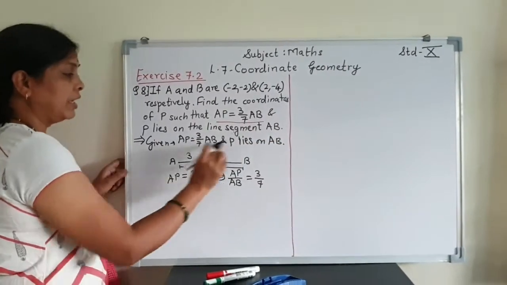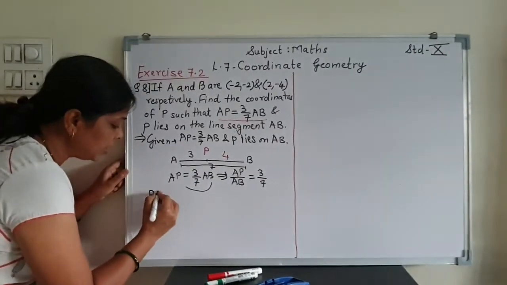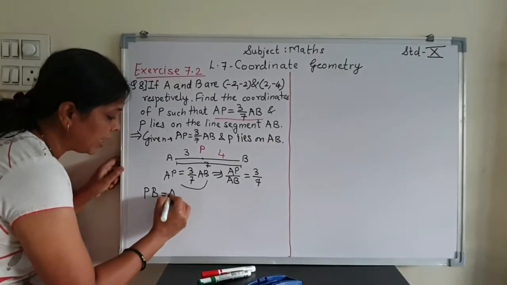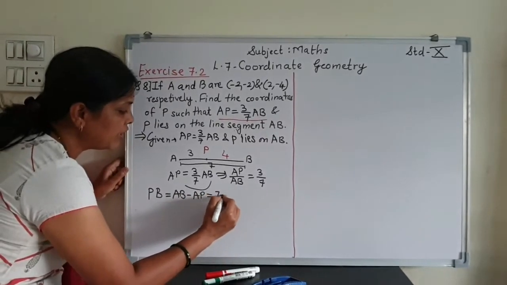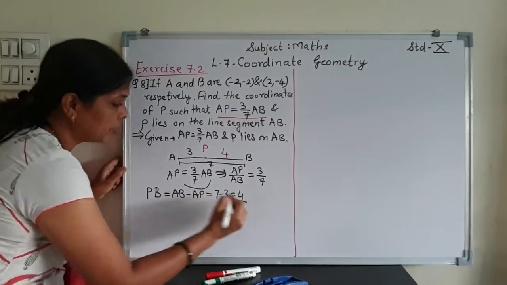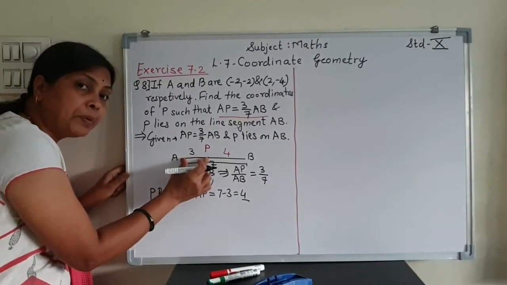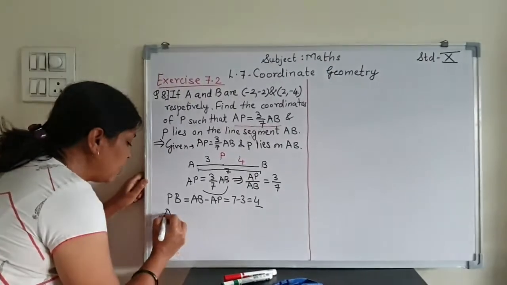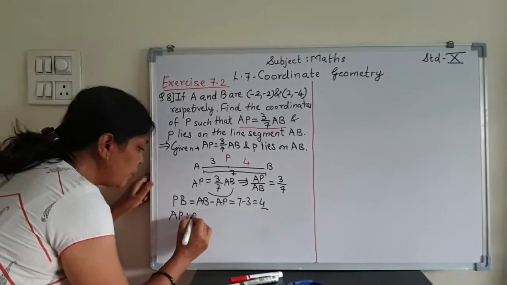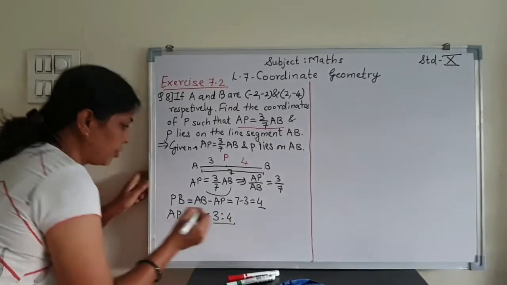So these are all the things they have given. From this we have found that PB is equal to AB minus AP, which is 7 minus 3, 4. And this is how we get the ratio of AP and PB: AP is to PB is equal to 3:4.